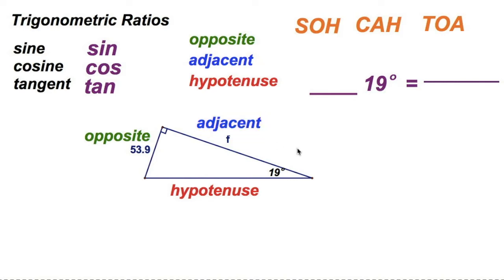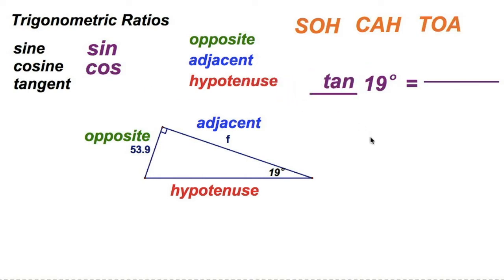Remember, this is how we set it up in the first place. We go back to our SOHCAHTOA, and we say, I know the opposite, I want the adjacent. Those are the two I care about. OA, opposite, adjacent. That puts the TOA in SOHCAHTOA. That means we're going to use the tangent function.